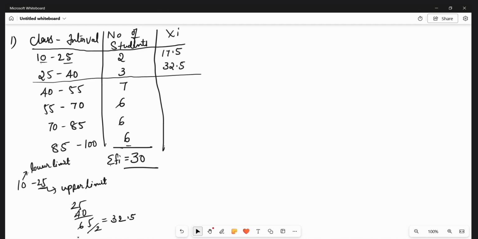How much is that? 15. Correct. So width of the class interval is 25 minus 10, it is 15. So once you get the first xi value, after that, every time you add 15, you will get the next number. But make sure when you are adding 15, if somewhere you make a mistake, everything else will also be wrong. You should be careful.